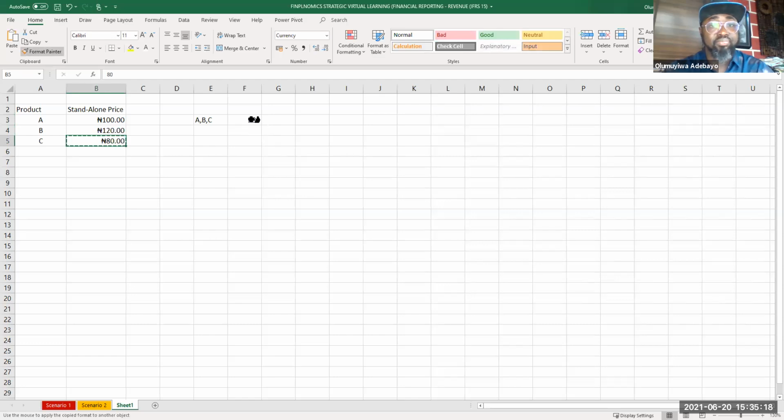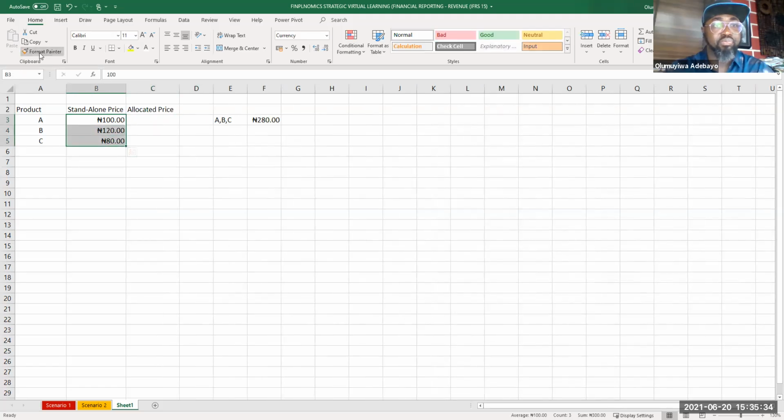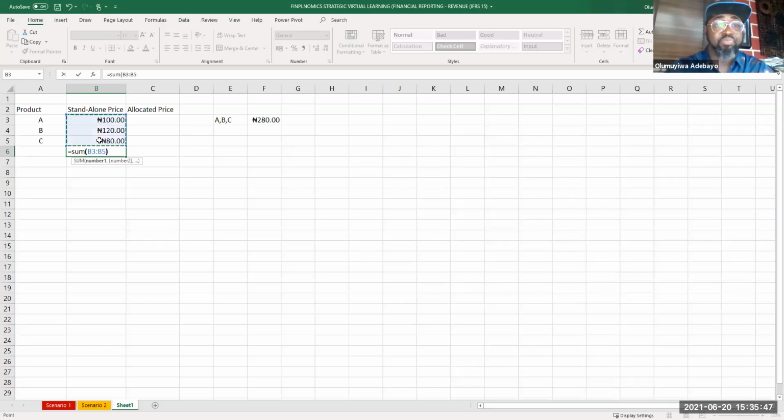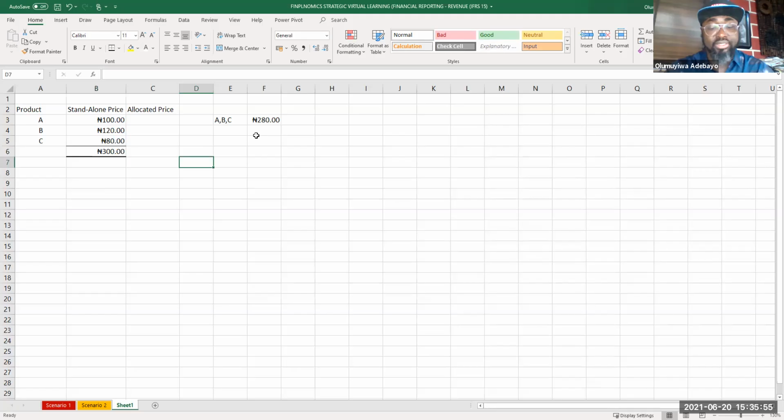What you would have done using standalone price without any constraint is to compute the allocated price. Remember, if you bought them one by one, the total would have been 300. But if you buy them together, you pay 280.